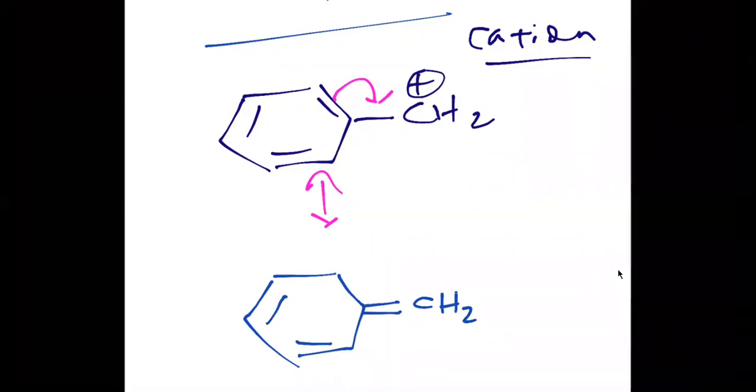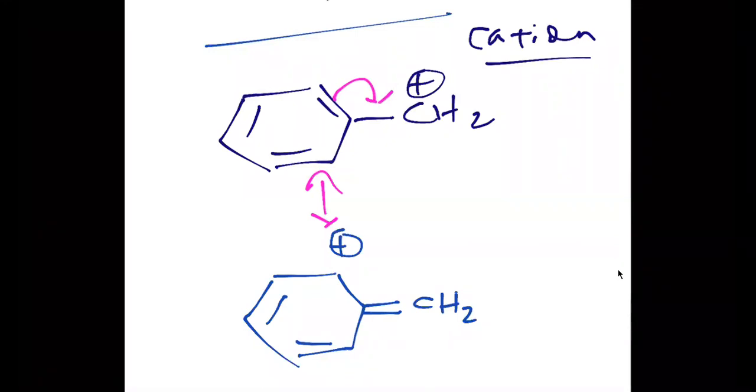Where's my plus charge going to go? It's going to go to this vertex, right? Yes, because it only has three bonds. There's a hydrogen that's not shown, so that's exactly right.